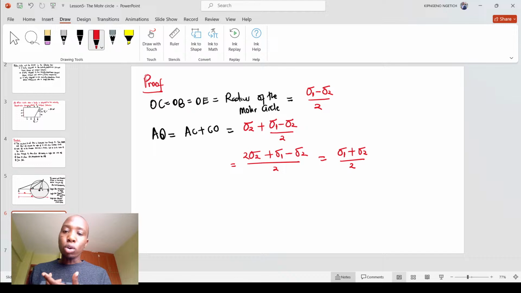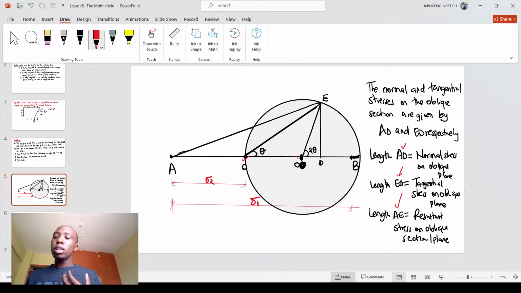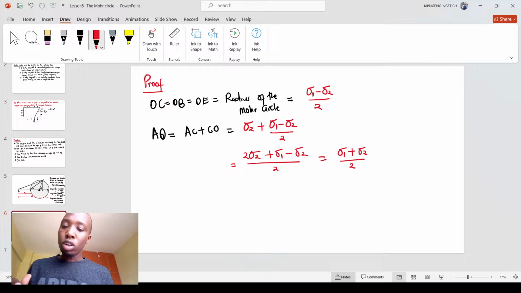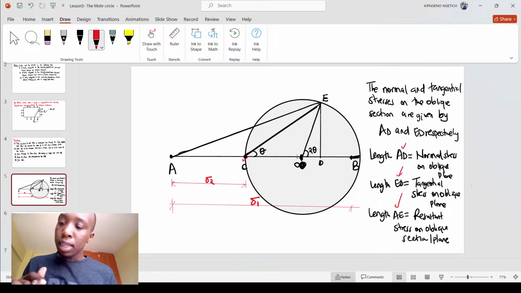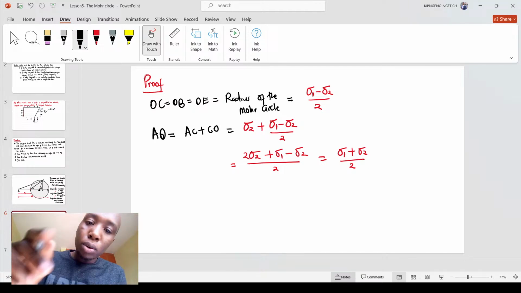What about OD? We want to prove if all these lengths, AD, ED, and AE, will give us the same formulas that we obtained through the analytic equations. So what about the length OD?